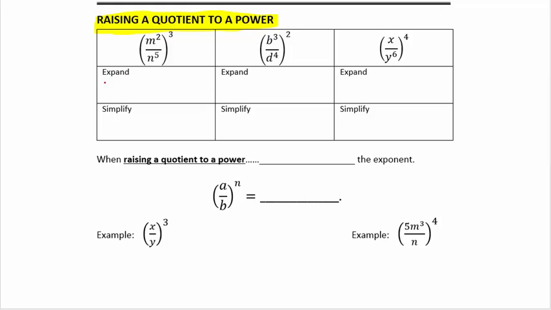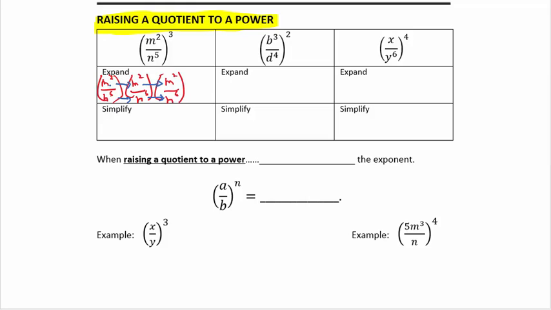I have 3 of these parentheses, so I have m squared over n to the 5th once, m squared over n to the 5th again, and m squared over n to the 5th a third time. All right, now if you remember from fractions, we multiply across the top and we multiply across the bottom.